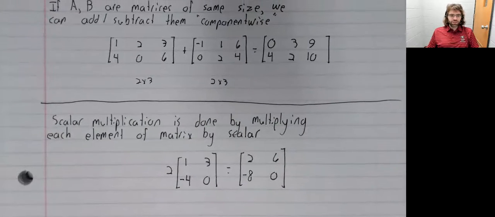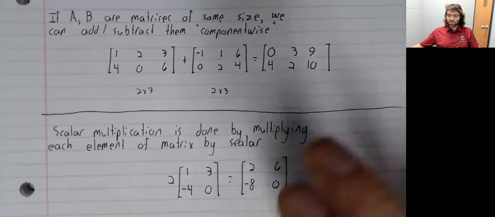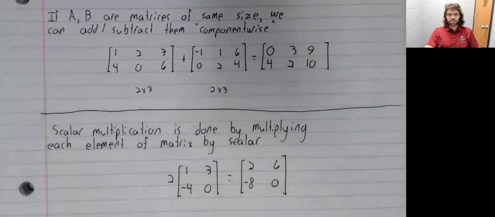And just as with vector addition and scalar multiplication, this matrix addition and scalar multiplication has the properties you would perhaps expect multiplication and addition to have.